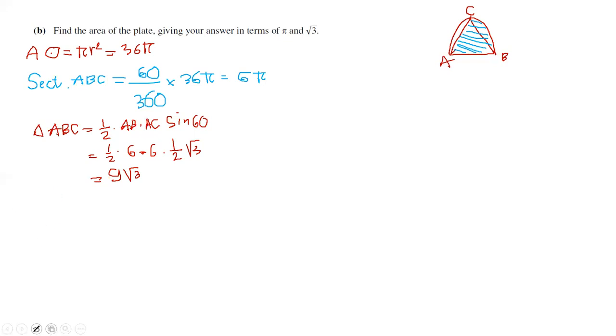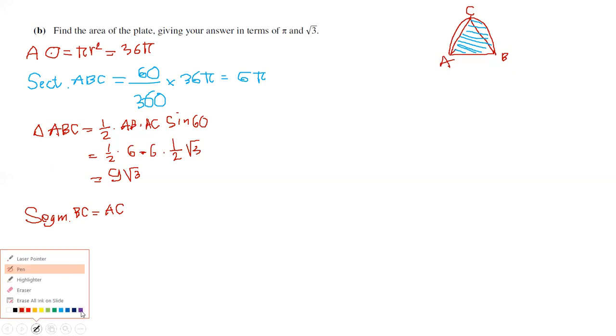And next for segment BC. Segment BC equals segment AC. This area is segment BC, and this area is segment AC.